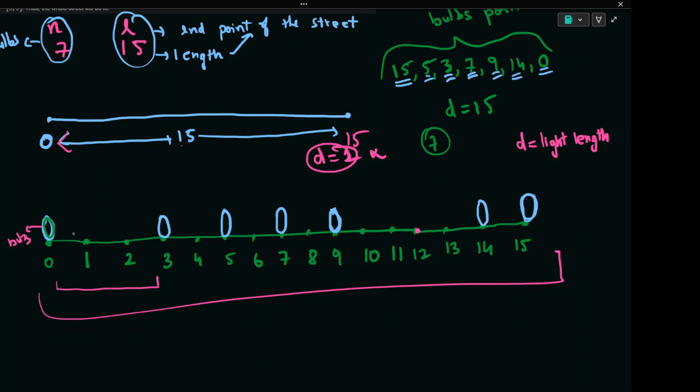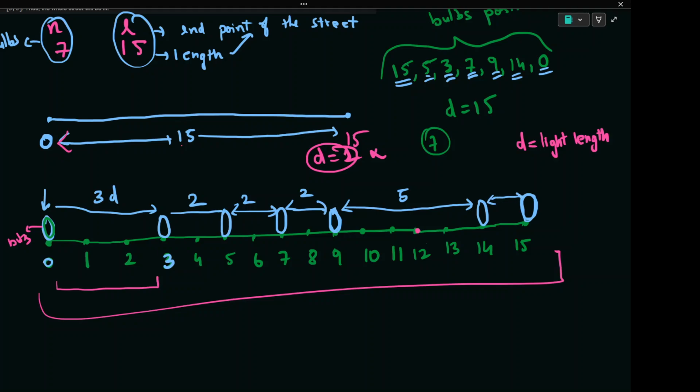For example, here we have a bulb at 0. We also have a bulb at 3. So what will the distance be? It will be 3 minus 0, that is 3. Between those two bulbs. Here, what will it be? 5 minus 2. 2 is the distance. Here, what will it be? It is again 2. Here, what will it be? It is again 2. 9 minus 7. So distance between the lanterns. Perfect. So what will it be? 5. Correct. And then what will it be? 1.